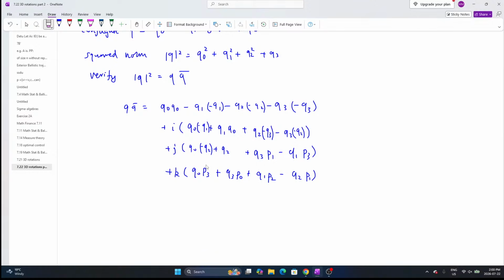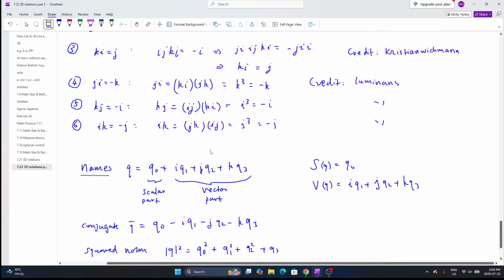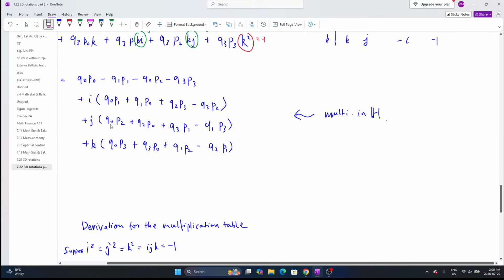So here, what's going on? I have Q0P2 plus Q2P0, and P0 is minus Q0.